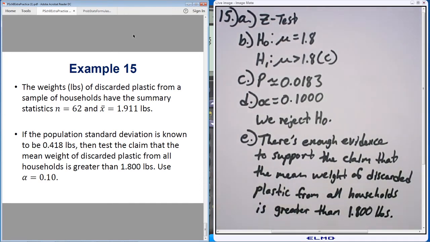Conclusion: there's enough evidence to support the claim that the mean weight of discarded plastic from all households is greater than 1.8 pounds.